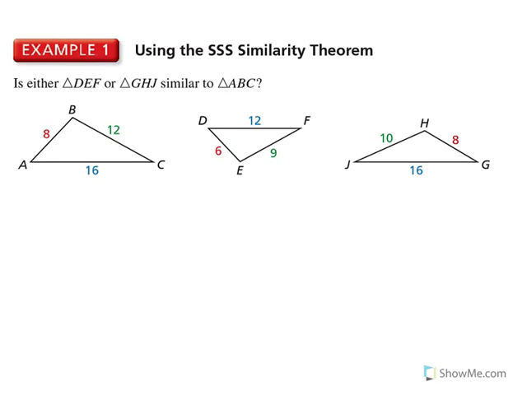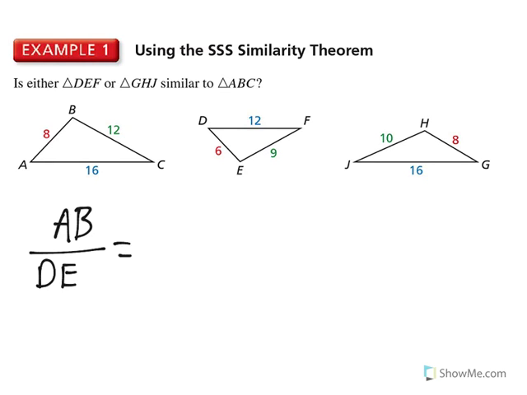So in this first example, we're going to start to compare them. So if we look at it, the easiest way to start setting up which ones you want to see if they're proportional or not is to do your smallest side with your smallest side. So if I do AB, my smallest side of my triangle, I'm going to compare it with my other small side, DE.